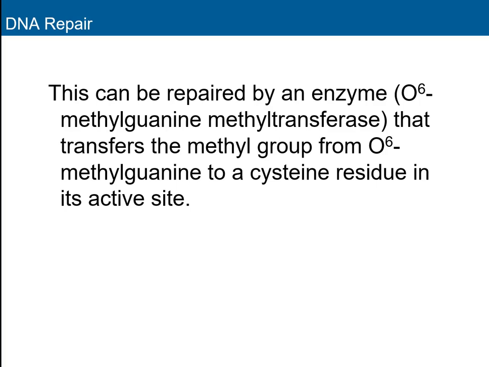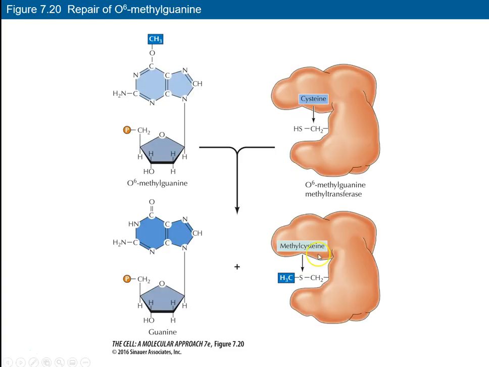There is a direct reversal enzyme, or mechanism, that can repair this, though it isn't in every single cell. This is the enzyme that catalyzes it. It's a long name, but it makes sense: O6-methylguanine methyltransferase. It transfers the methyl group off of the methylguanine, because we don't want that there, and pulls it into its active site.